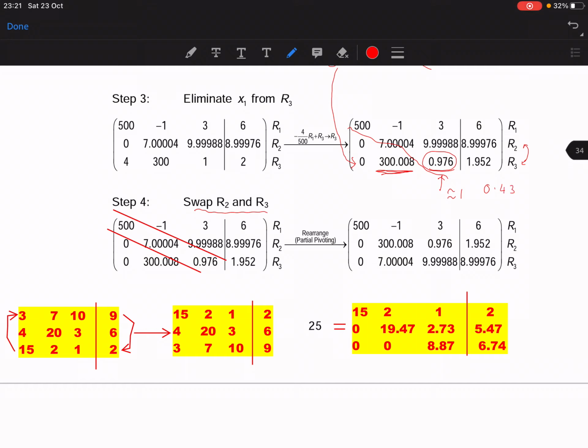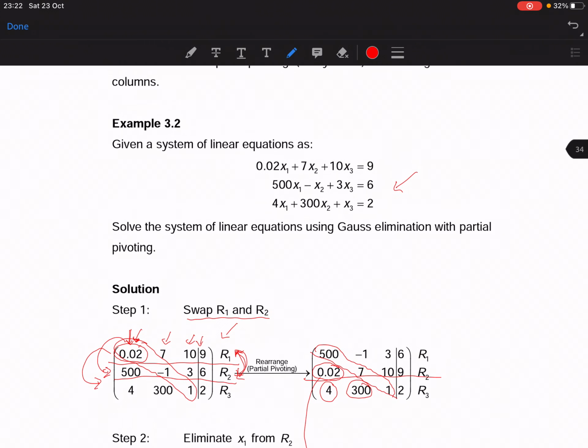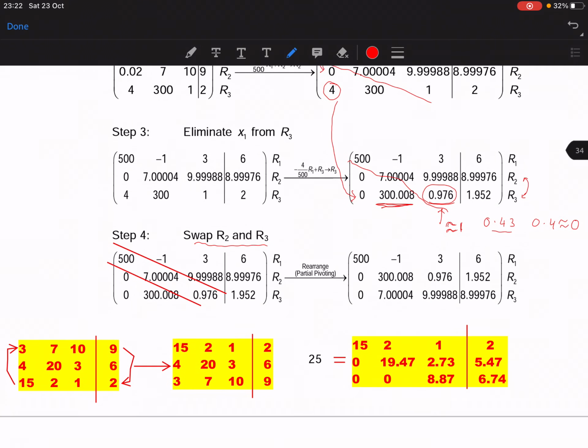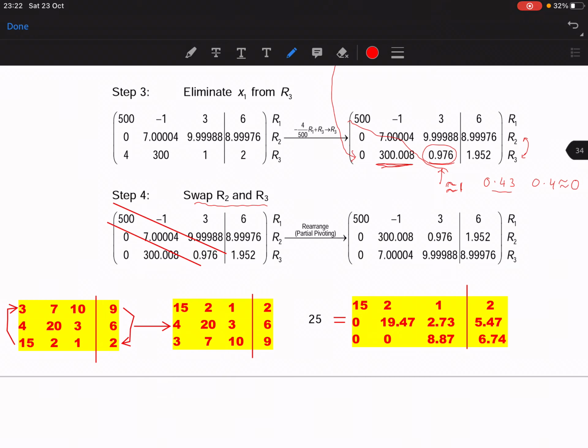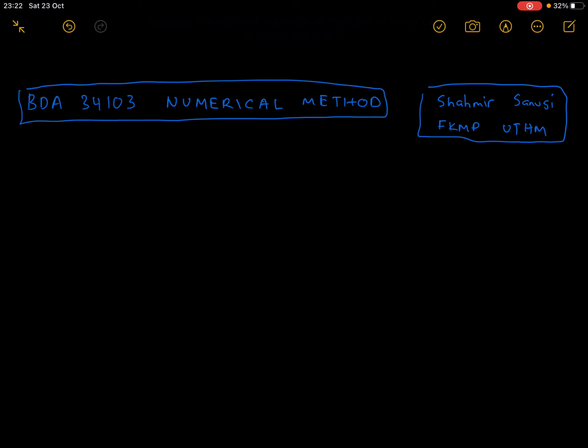If we round off, we'll get 0.4, which can be considered almost 0, then we swap. If the value is close to 1 here, we don't need to swap. If you try to solve this one without swapping, you can still get the same answer.